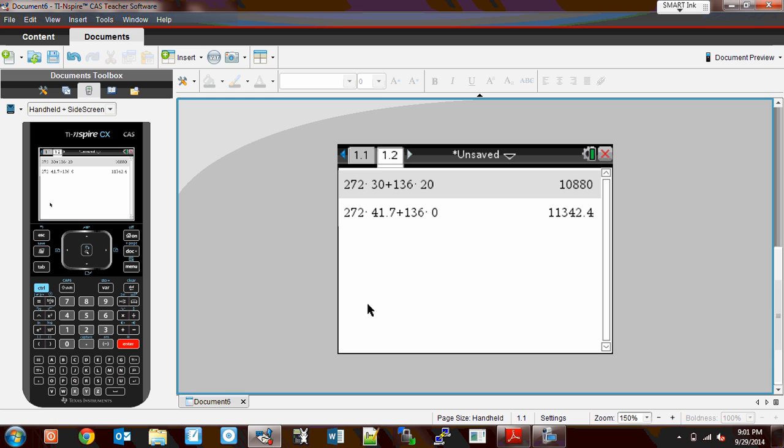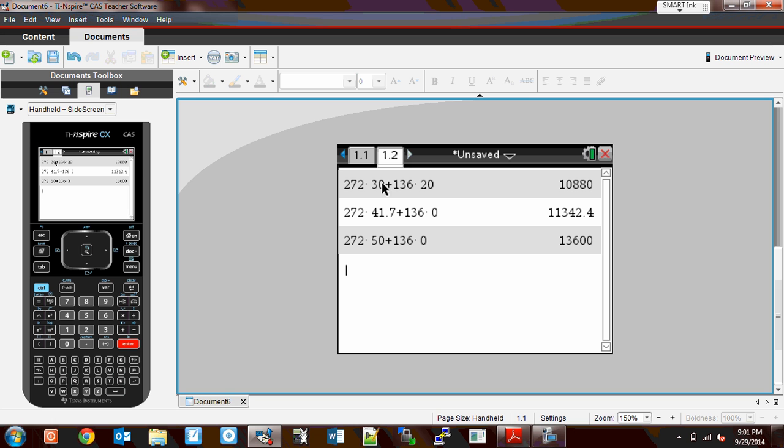That gives us over 11,000. So, okay, let's do our third one. And that gives us 13,000. So, as you can see, just to confirm it, at the point 30/20, our cost is minimized.